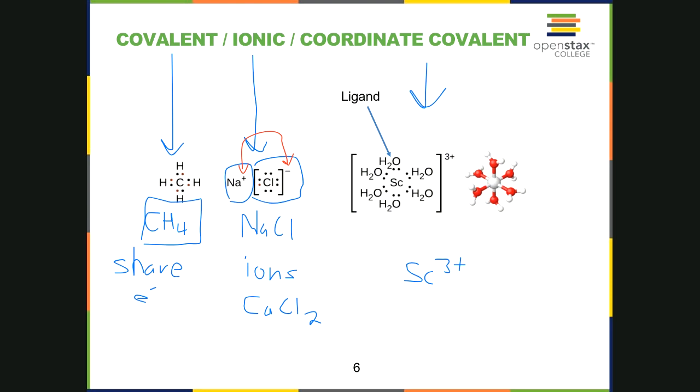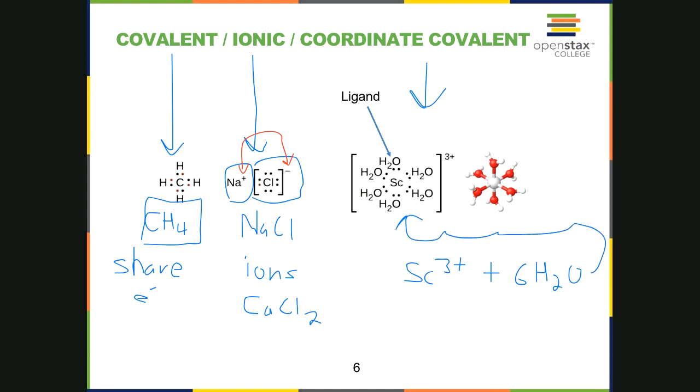So, but what we're doing here is we're taking a scandium cation and we're combining it with 6 waters. And when we do that, we get this thing, this coordinate covalent compound.